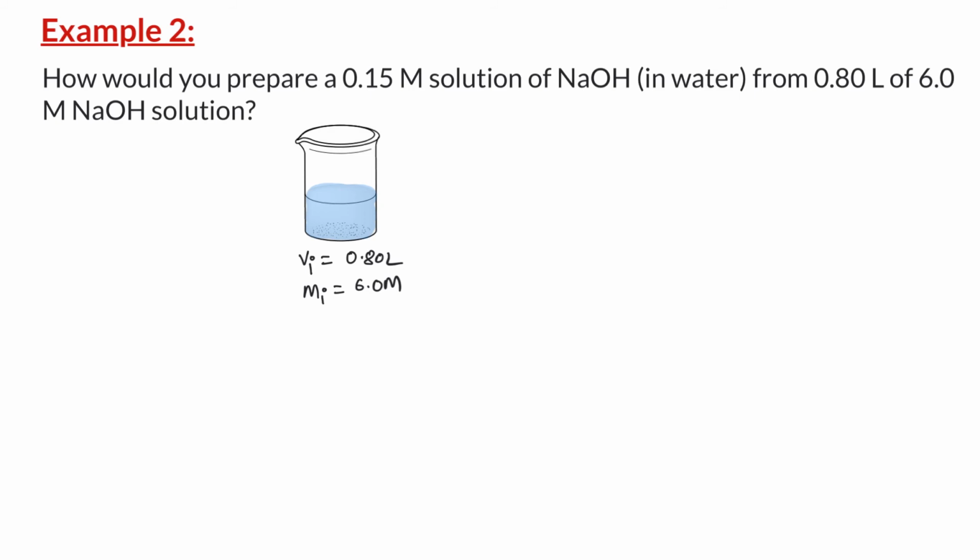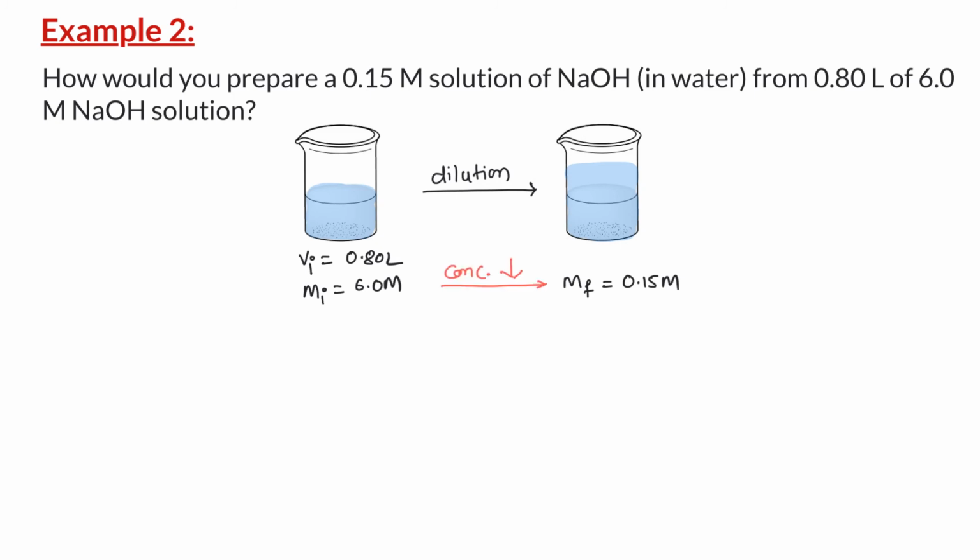And we need a solution whose final concentration is 0.15 molar. So this is an example of dilution. As we can see, the concentration decreases in the process. We do the dilution by adding additional solvent to the given initial solution.